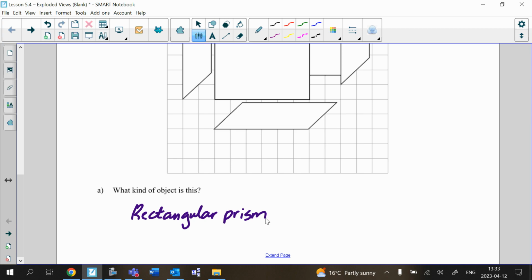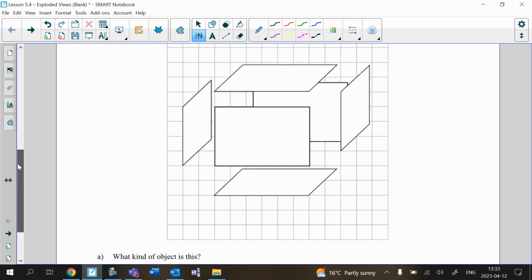How many grid lines long is this? 6. How high? So we've got to make sure that on this page, when we draw the three-dimensional view, we draw a 6x4.